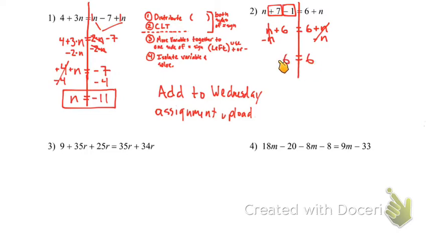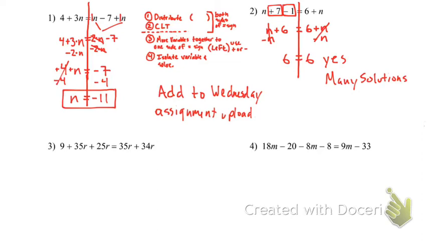When the variables cancel out and you're left with a statement like this where it's actually true. Does 6 equal 6? Yes, it's true. When it's true and there's no more variables, the answer to this is what we call many solutions. Okay? This happens when the variable cancels out.